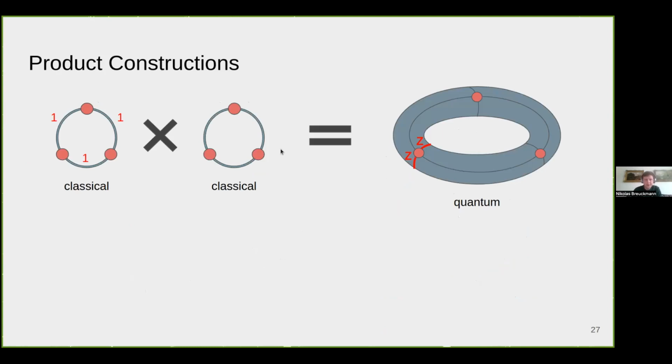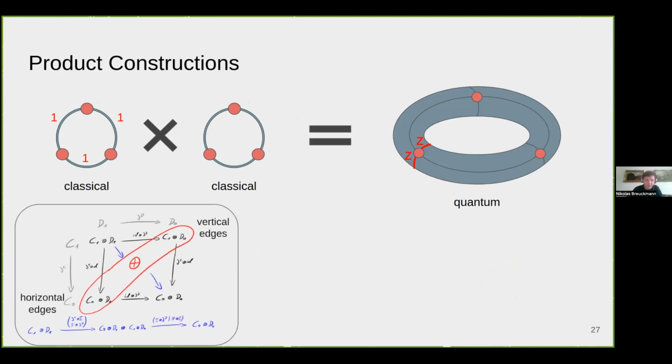Now it's almost trivial. We just take 2 of these repetition codes given by these circle graphs, we take their usual Cartesian product, and we obtain a torus. And this is exactly the toric code that we've already seen a couple of times. So this is a way to construct the toric code from 2 repetition codes.